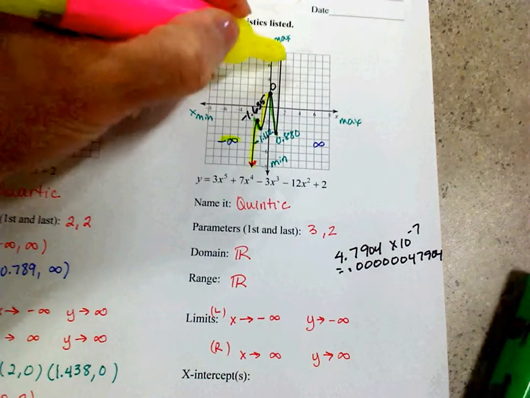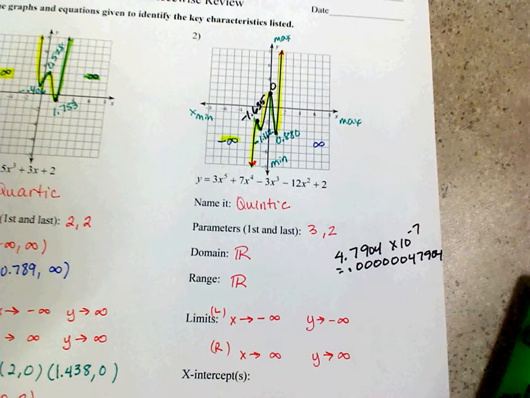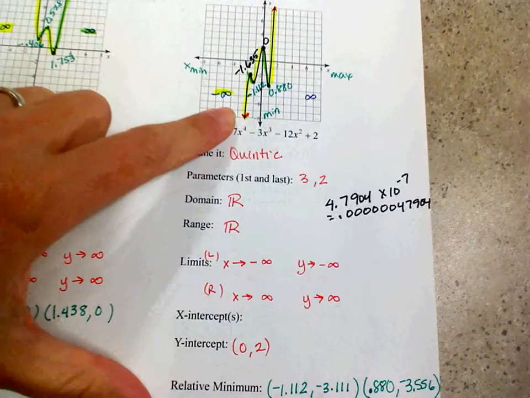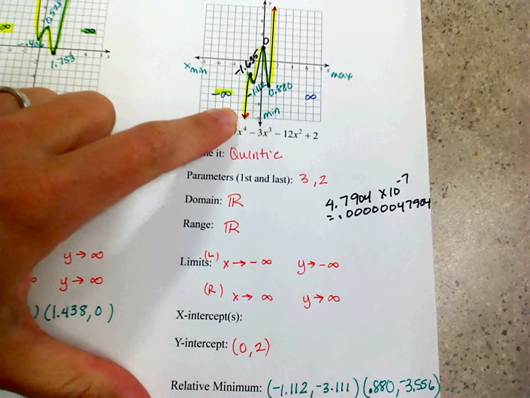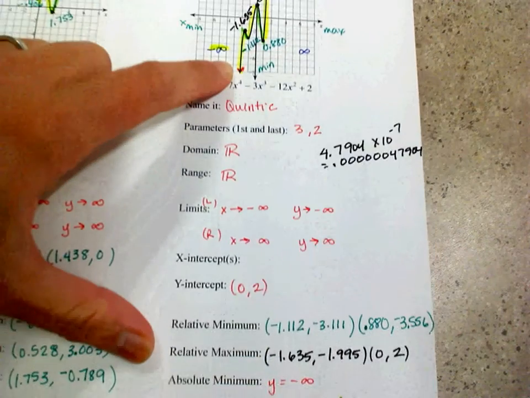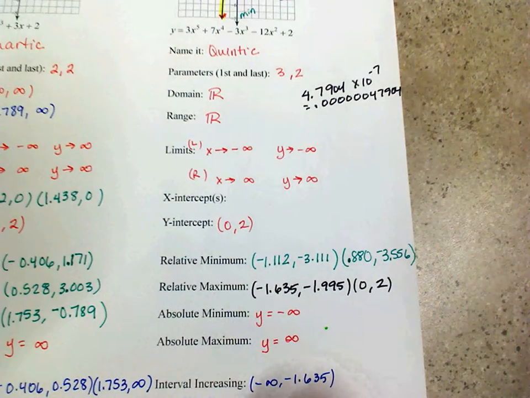See all that? If you just go in that order, it really helps. So this first one, increasing from negative infinity to negative 1.635. Hence the reason I write the x value. Decreasing goes from negative 1.635 going to negative 1.112.